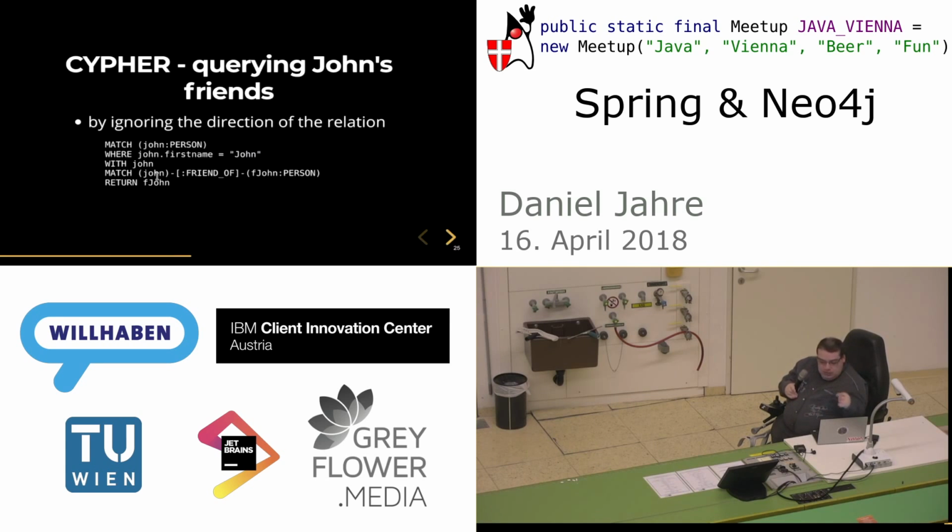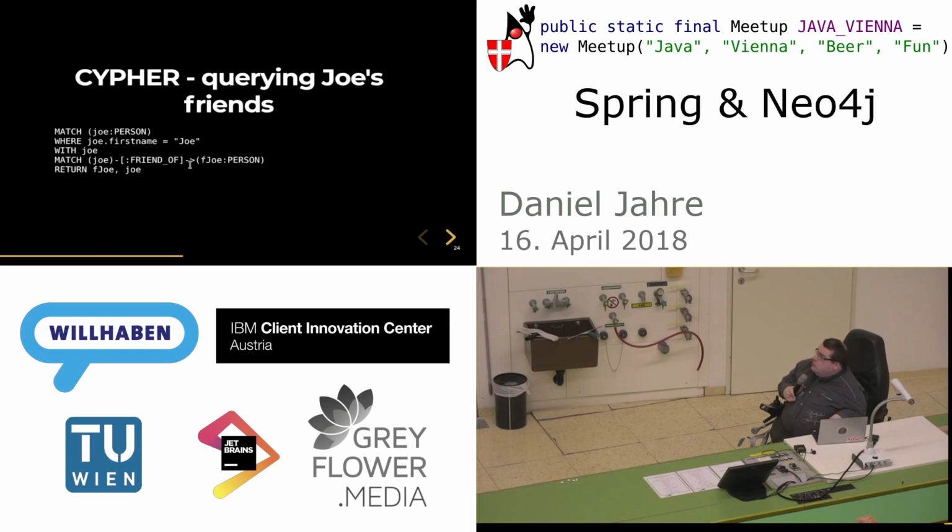The nice thing, if we go back one slide, what we see is this arrow, and the arrow is the direction of the connection. There could also be a connection the other way around, and so the arrow would point in a different direction.